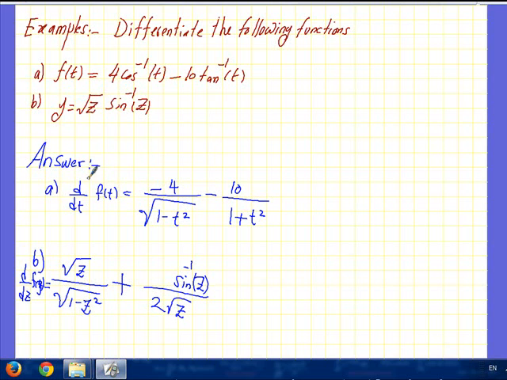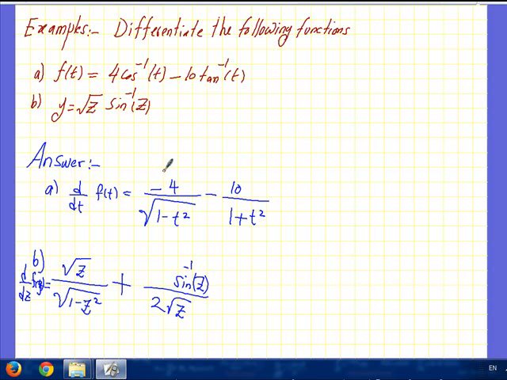The answer for the first question: d by dt for f of t will be 4 times the derivative of cosine minus 1, which is negative 1 over root 1 minus t squared. Also, the derivative of tan minus 1 t will be 10 over 1 plus t squared.